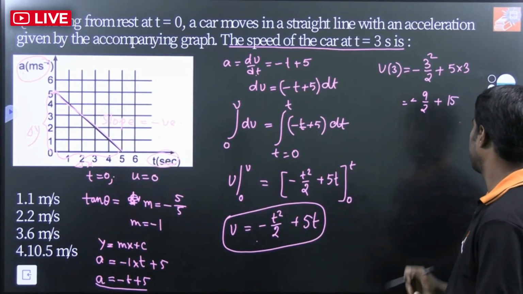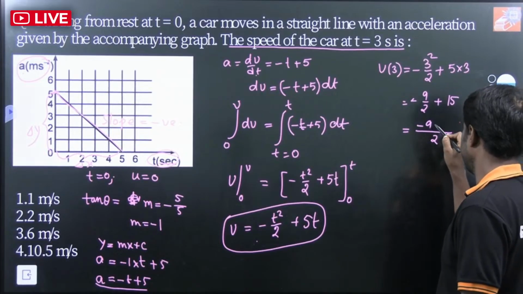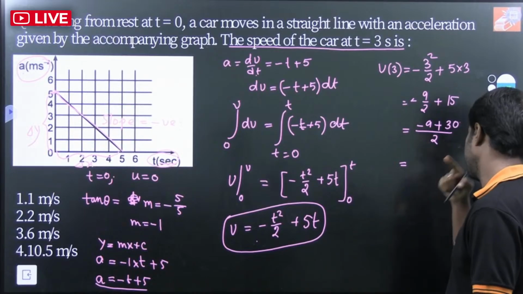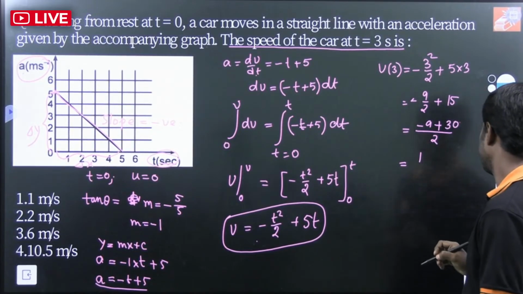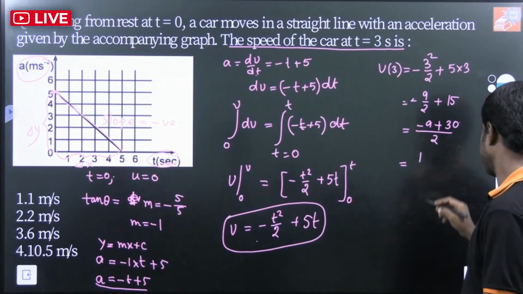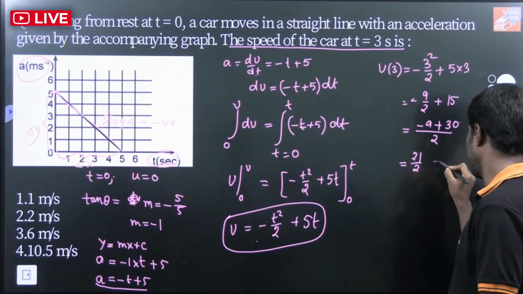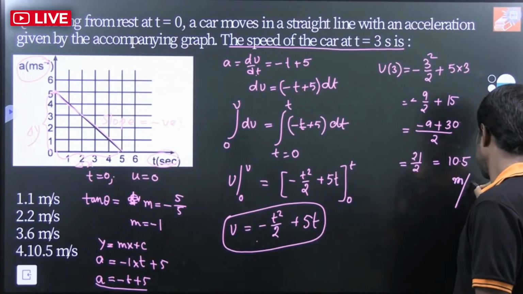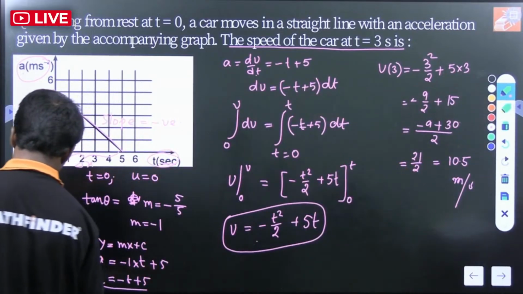So we'll get 2 here, minus 9 plus 30. So 30 minus 9 is 21 by 2, it is nothing but 10.5 meter per second. So we are having the fourth option.